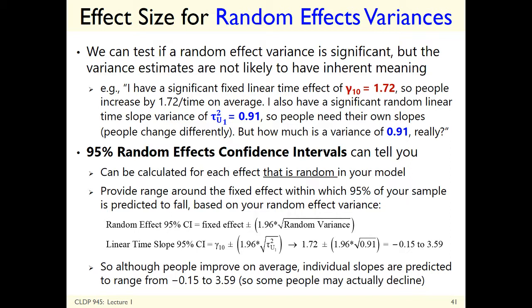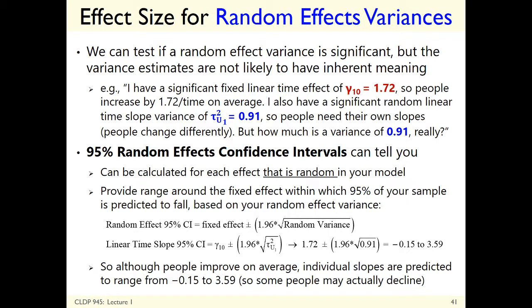What I'm talking about is different. I'm talking about how variable are my people slopes as given by the fixed effect and the random variance around it. So in this case, those two numbers, when put together, give me a confidence interval of minus 0.15 to 3.59. So that means on average, there is growth.